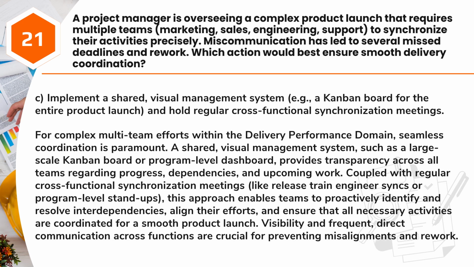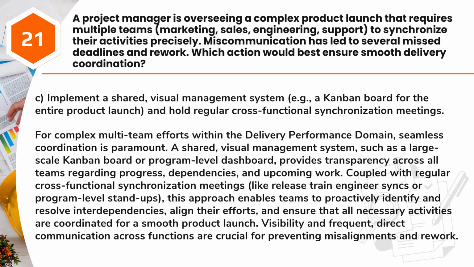Answer: C. Implement a shared, visual management system, for example a Kanban board for the entire product launch, and hold regular cross-functional synchronization meetings. For complex multi-team efforts within the delivery performance domain, seamless coordination is paramount. A shared, visual management system, such as a large-scale Kanban board or program-level dashboard, provides transparency across all teams regarding progress, dependencies, and upcoming work.